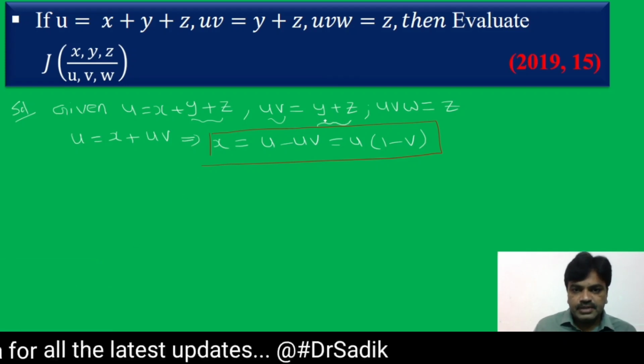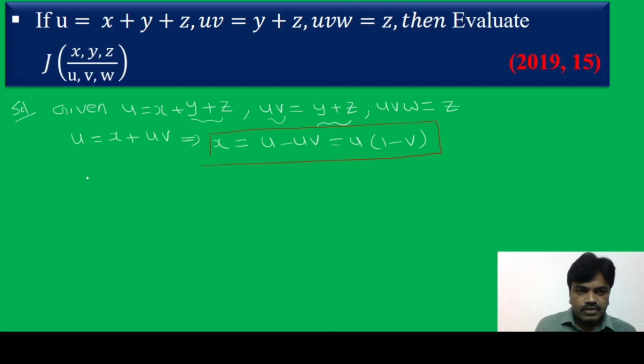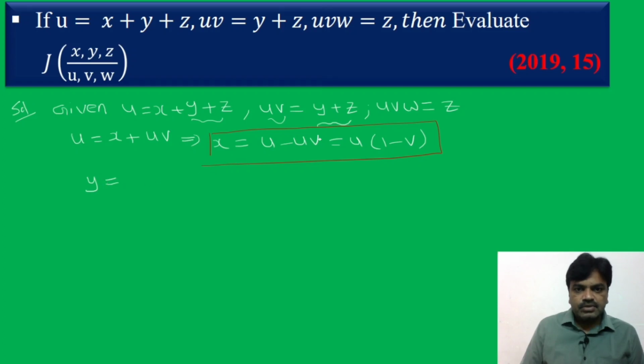And then y, friends. Here y is equal to uv minus z. What is the z value?